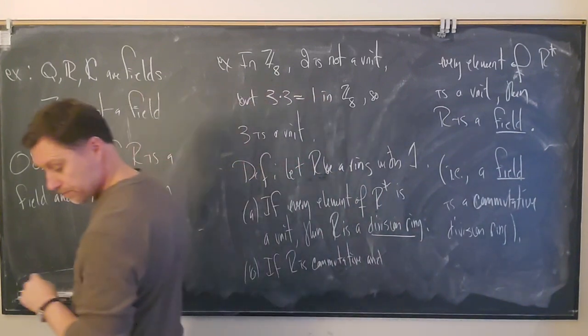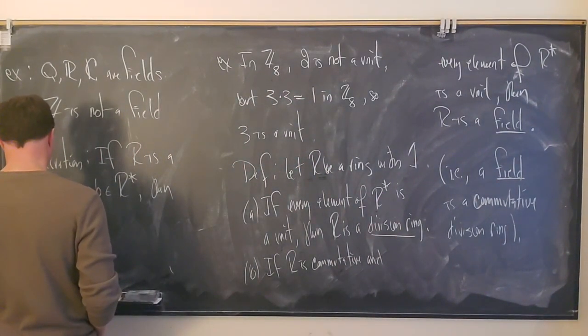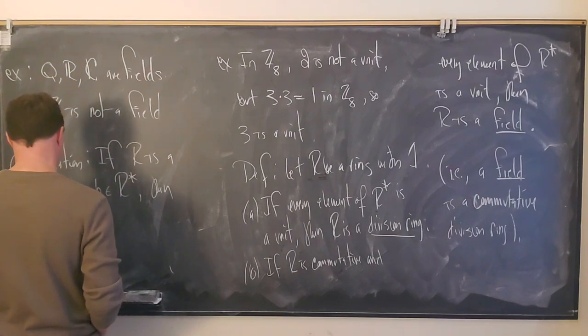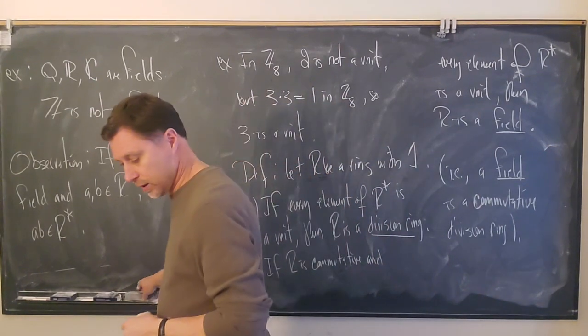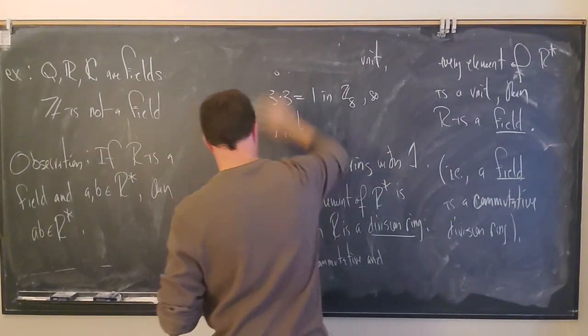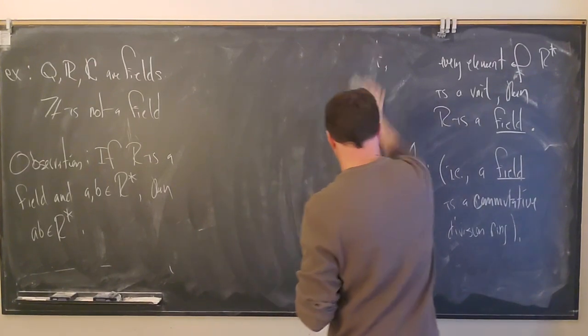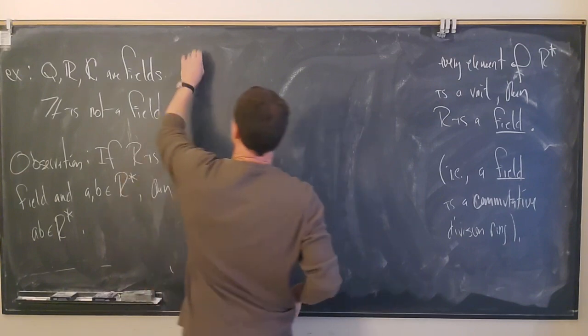So then ab is an element of R star. And the reason, let me just write up a quick explanation of why this is true. So, reason.